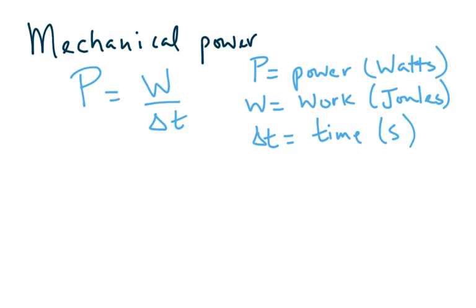So looking at mechanical power from a physics point of view, the power needed to operate something, to get some work done, involves the relationship between work and time. So it makes sense that 1 watt is also equal to 1 joule per second, because of the workings of this formula.